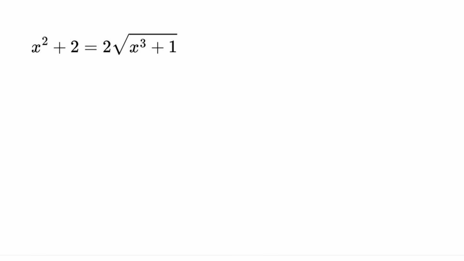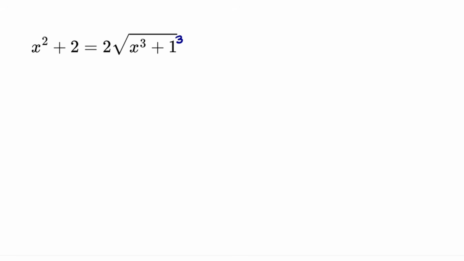Let's begin by looking inside the square root. Notice that x cubed plus 1 can be written as x cubed plus 1 cubed. That means we can use the famous sum of cubes identity.